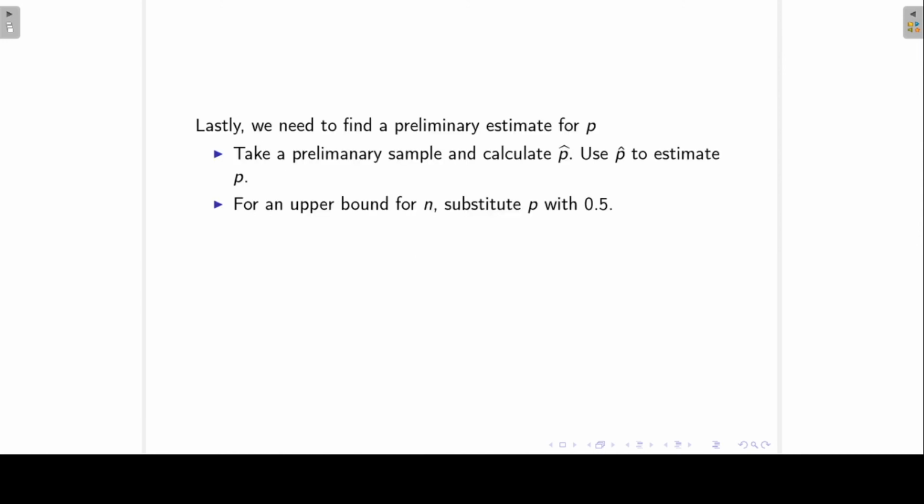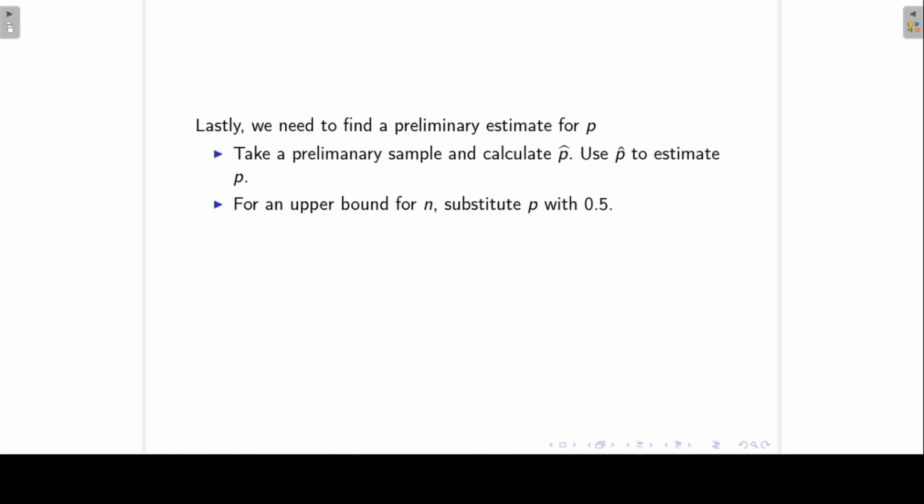Now there are two common methods to find a value for P. The first one is to take a preliminary sample and then to calculate the sample proportion and substitute it into the formula. Or if you don't have any idea of what P should be, then an upper bound can be found by substituting P with 0.5.